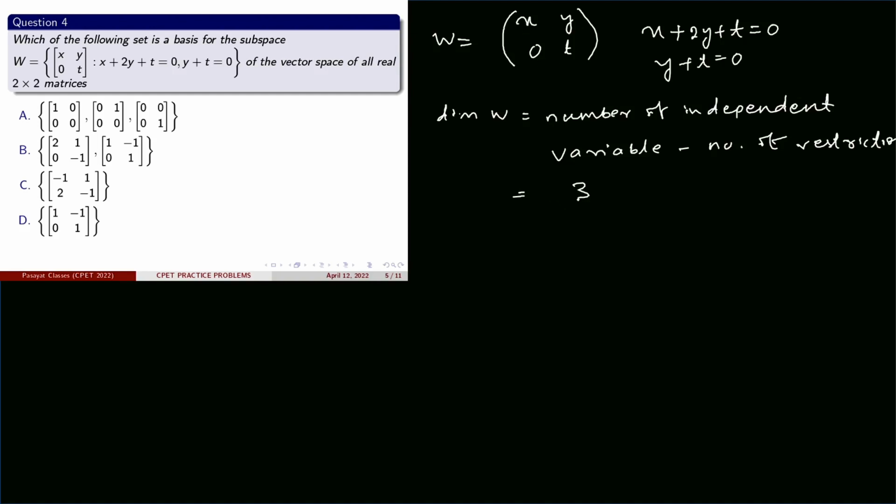So this is 3 minus number of restrictions, here there are 2 restrictions, first and second, so this is minus 2, which is equal to 1. From this we get dimension of W is equal to 1.